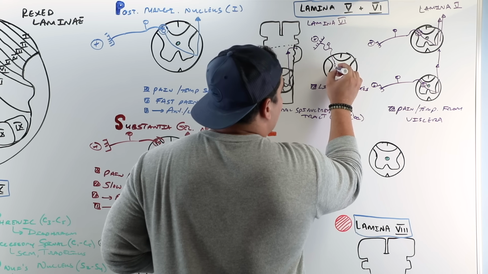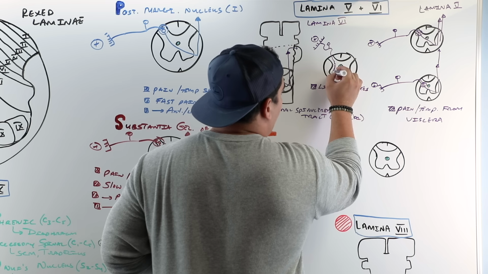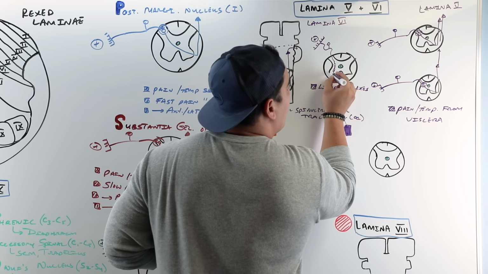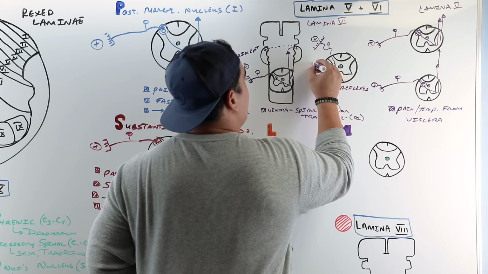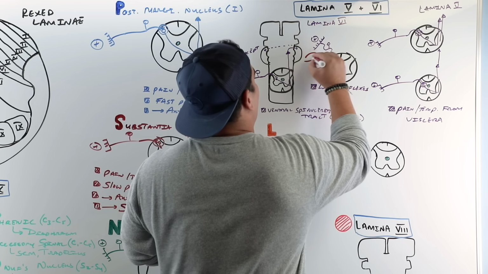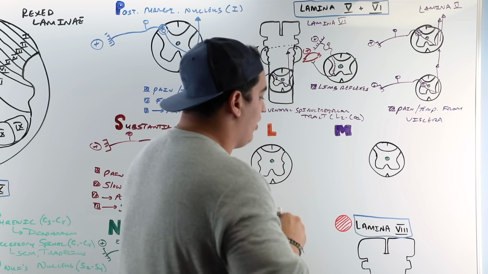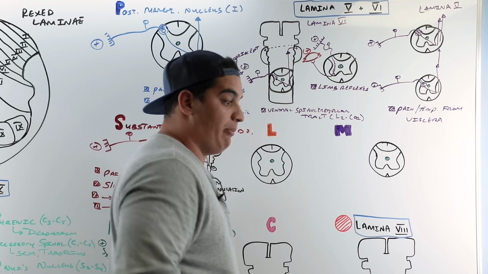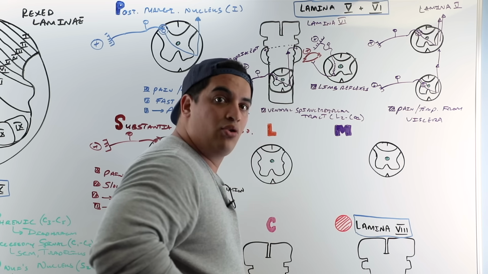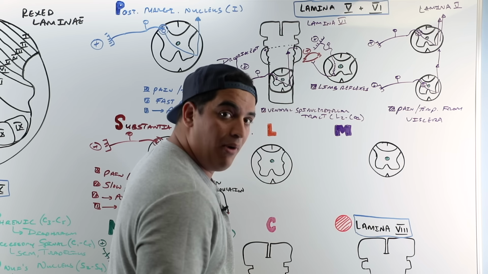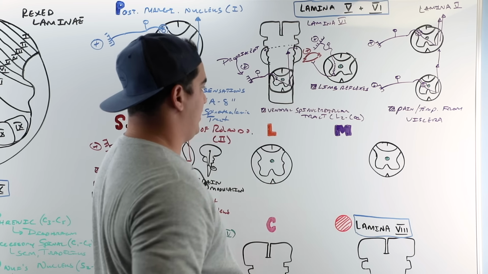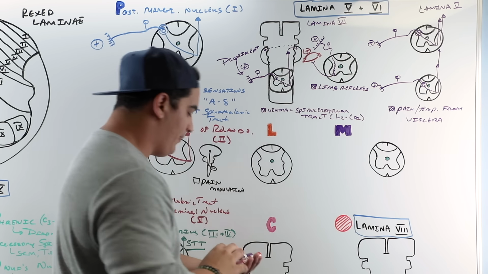Then the cell bodies in lamina 6 are going to send some specific pathways to stimulate the anterior motor neurons going to your skeletal muscles, to stimulate a skeletal muscle and cause it to contract. So for example, if I stepped on a nail, what's my response going to be? Pick up my foot. The stimulus to the pain receptors in the foot goes to my spinal cord and activates the motor neurons that go to my flexors and pull my foot off. Okay? So it's involved in limb reflexes. Boom, roasted. Let's move on to the next part.